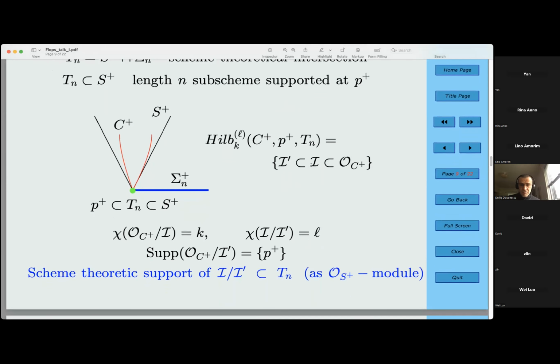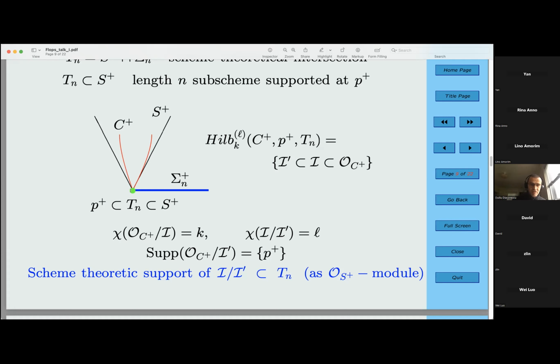And now you look at the flag Hilbert scheme, which consists of nested ideals of zero-dimensional subschemes of C plus, which are set theoretically supported at P plus. But the important condition is that this quotient has to be scheme theoretically supported inside T_n. This is a condition that's kind of bizarre if you think of it in isolation, without looking at the whole geometry.